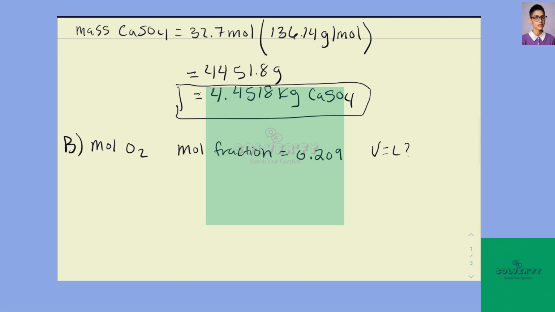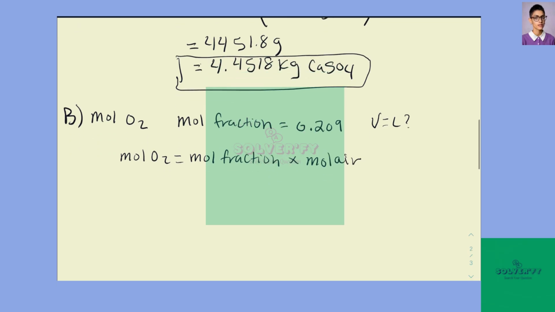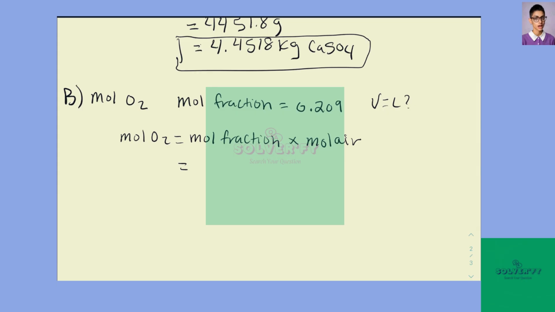All right, so we know that moles of O2 is equal to its mole fraction times the total moles of air. So our moles of O2 is going to be 0.209 times 100 moles of air.